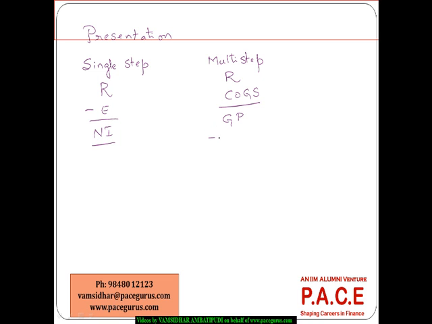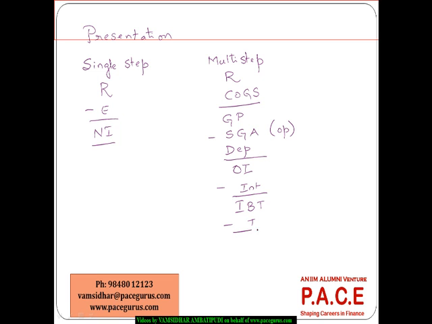And from the gross profit, we deduct, let's say, selling, general, administrative, all operating related expenses, and even the depreciation, because depreciation is also related to the operations, where we can finally arrive at operating profit or operating income. Then from this, the interest part is subtracted to arrive at income before tax.